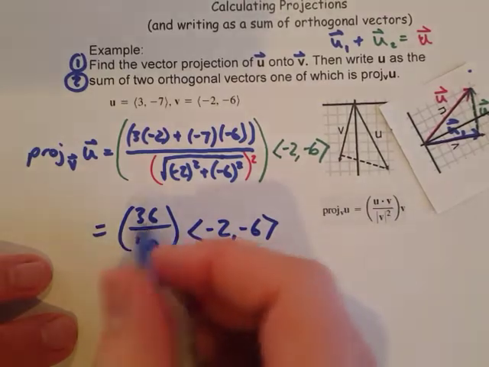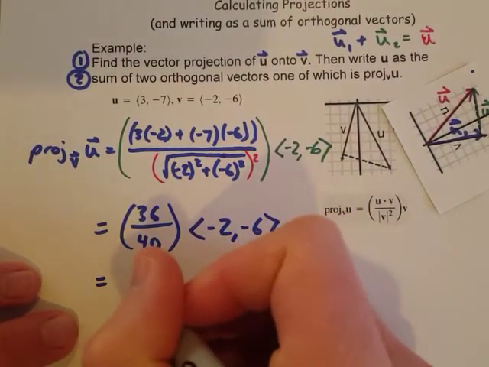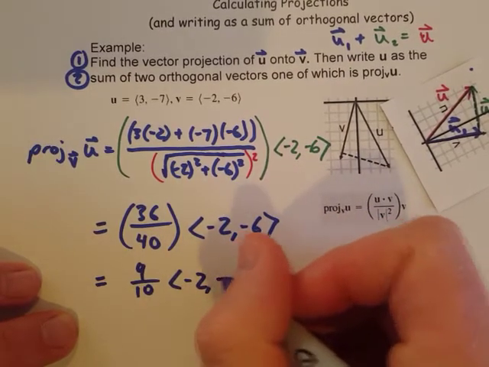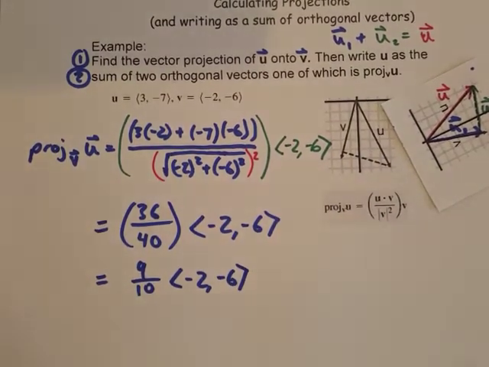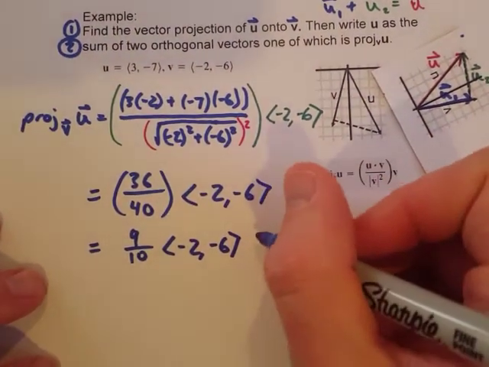And we do want to reduce this if possible. That reduces to 9/10 multiplied by our vector. And then we want to just simplify that as well.